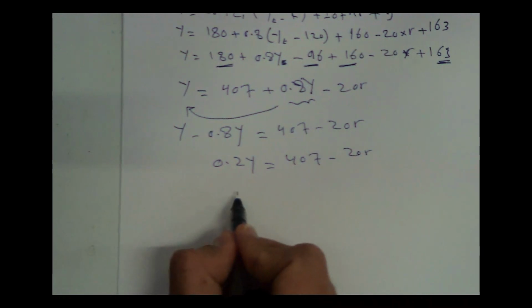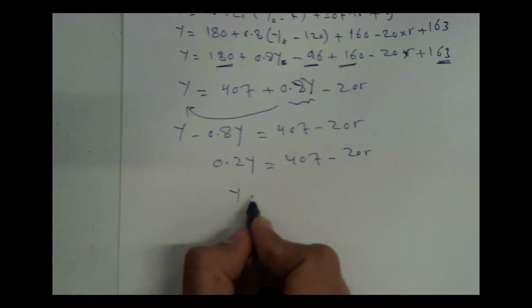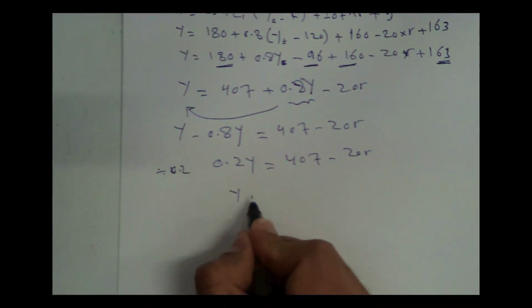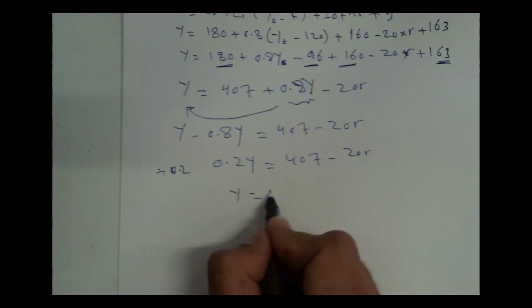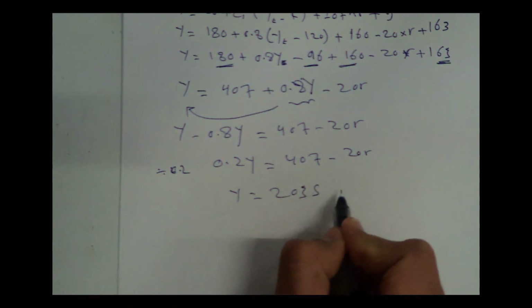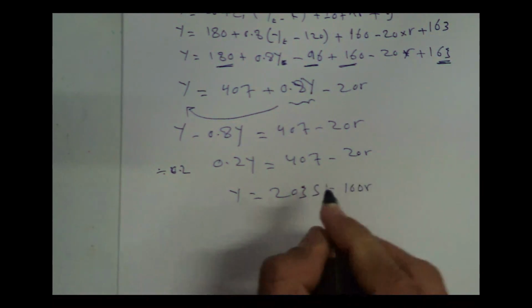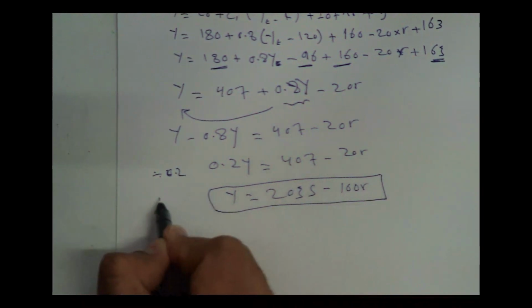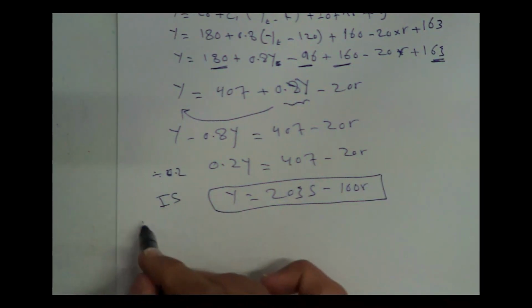Then I just want an equation for Y, so you divide by 0.2, which gives us 2035 minus 100r. So this is the IS equation, the equilibrium in the goods market.